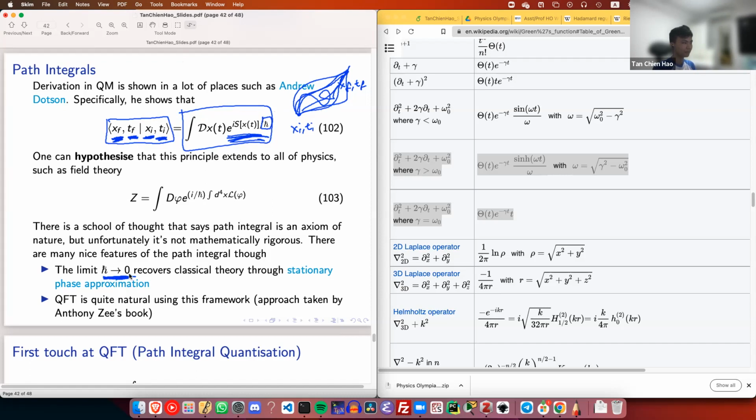you actually recover the classical theory that tells you to minimize the action, through the stationary phase approximation. Loosely speaking, this thing, which is a phase, is quite chaotic.